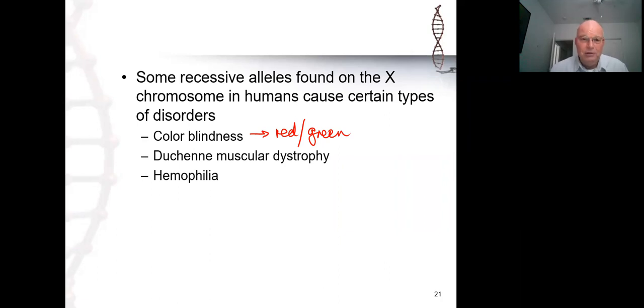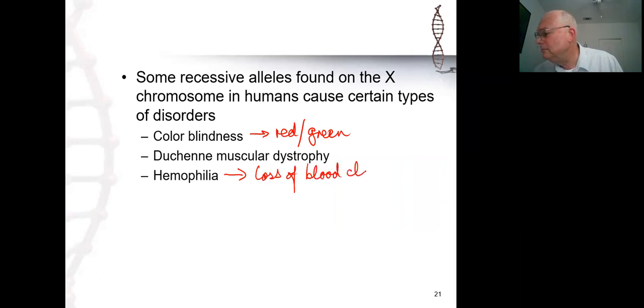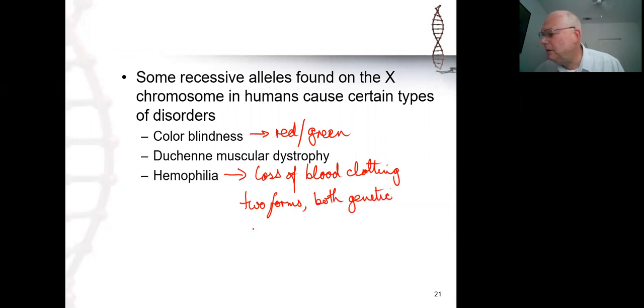Haemophilia is a little bit more of a concern, because in haemophilia, your blood doesn't clot. And there are two different forms. And both are genetic. And they affect clotting factors.